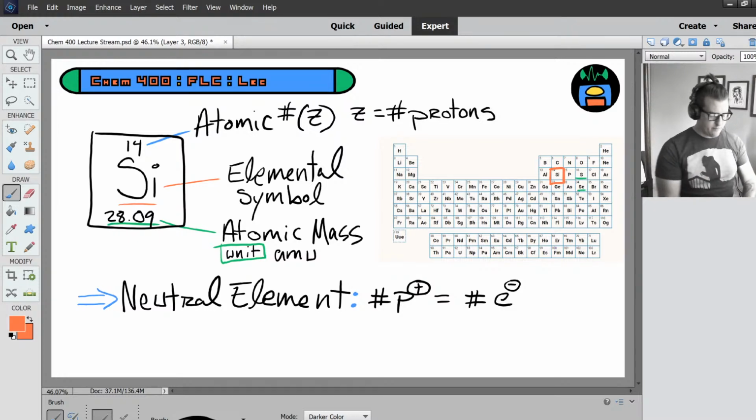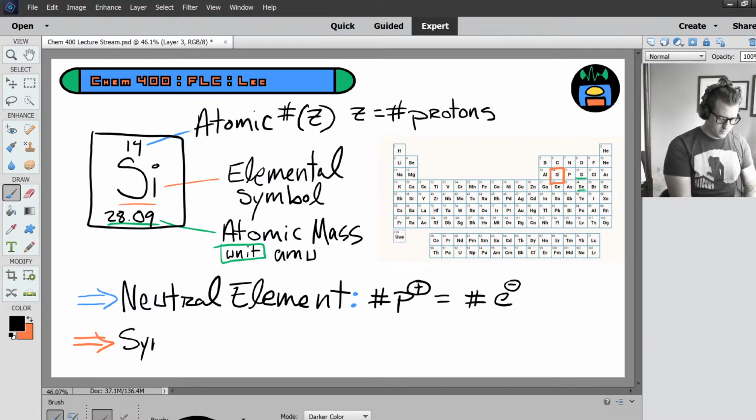I want to make one comment about the elemental symbol before moving on. To be technically correct, the elemental symbol is an uppercase followed by a lowercase, all right?